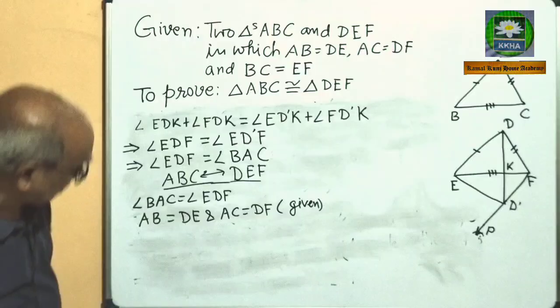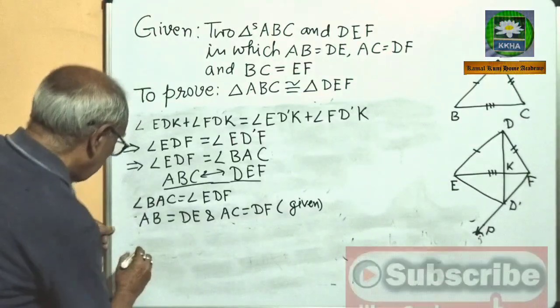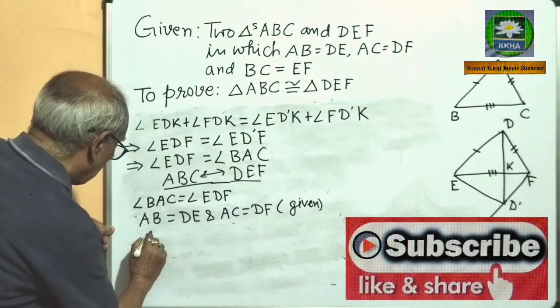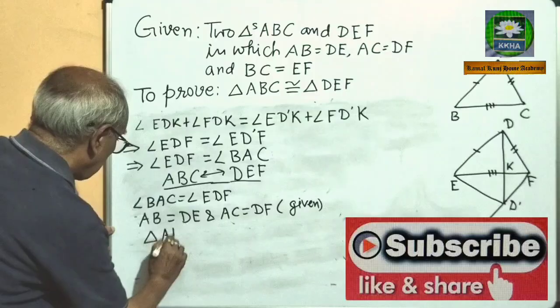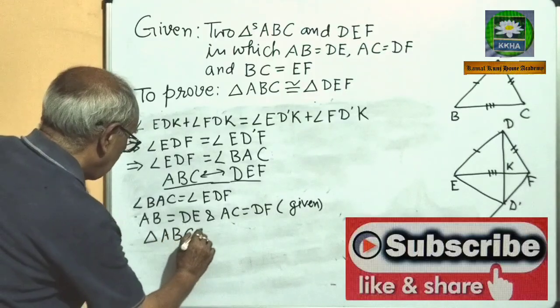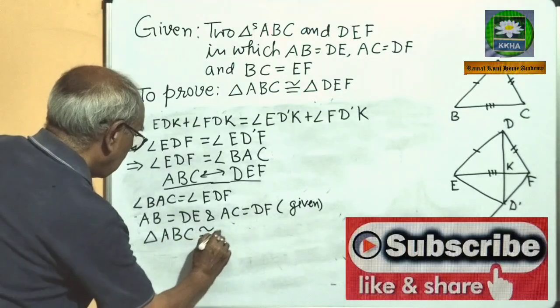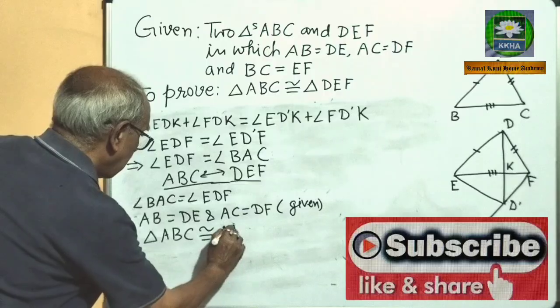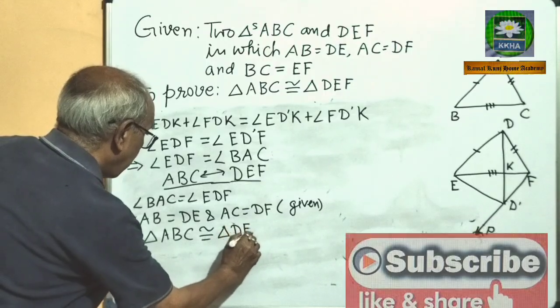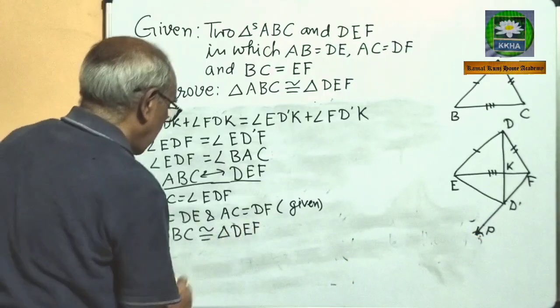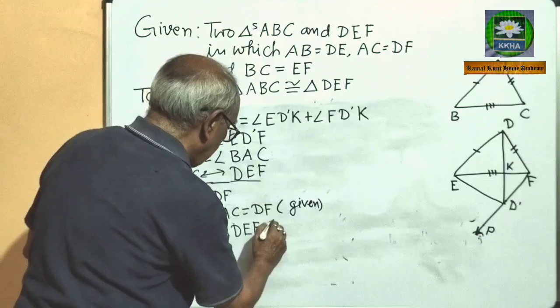Therefore, triangle ABC is congruent to triangle DEF by side angle side postulate.